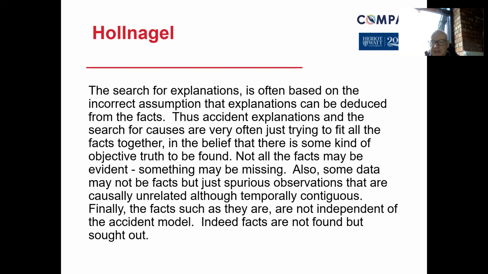Finally, the facts, such as they are, are not independent of the accident model. So do we allow the accident model to lead us down a particular path, or are we open to other ideas as well? Indeed, facts themselves are not found but sought out. So that comes back to the point that it can be deduced from the fact. If we can't deduce it from the fact, there might be other issues that we can look at as well.